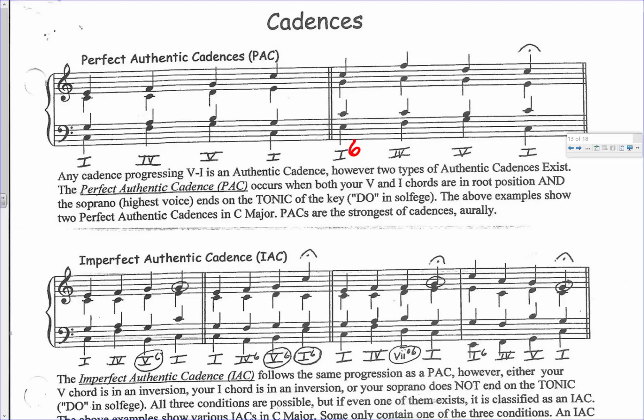Listen to it again. I'll play both measures back to back without stopping so you can hear the 2 spots where the perfect authentic cadence occurs from the beginning.